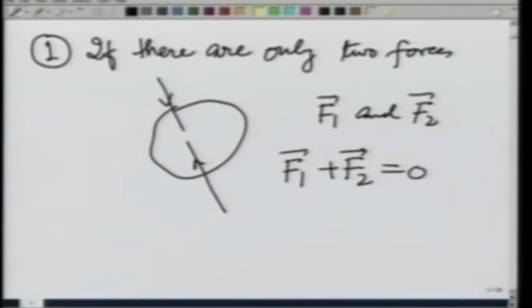If they are collinear, then about any point the torque also vanishes if they are equal. So, this is the condition for equilibrium.